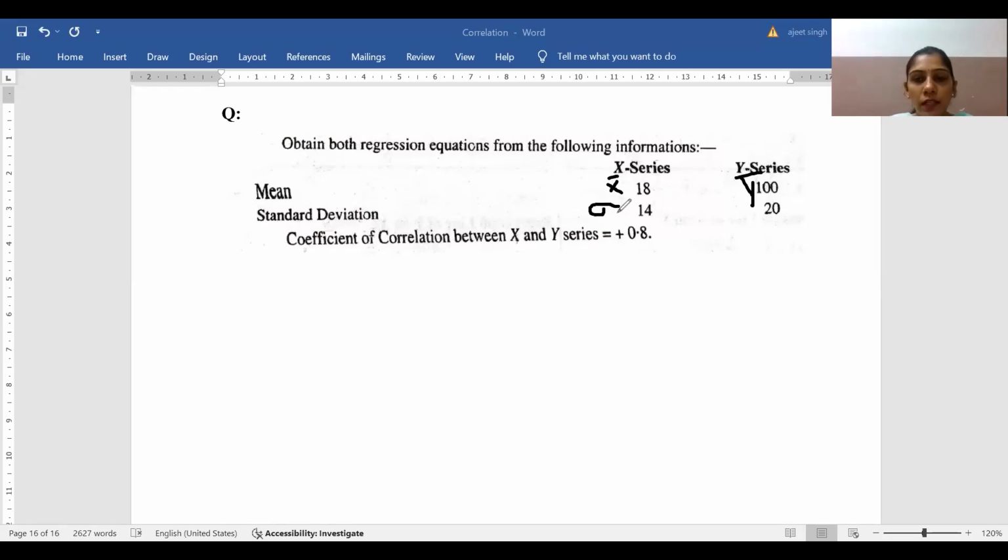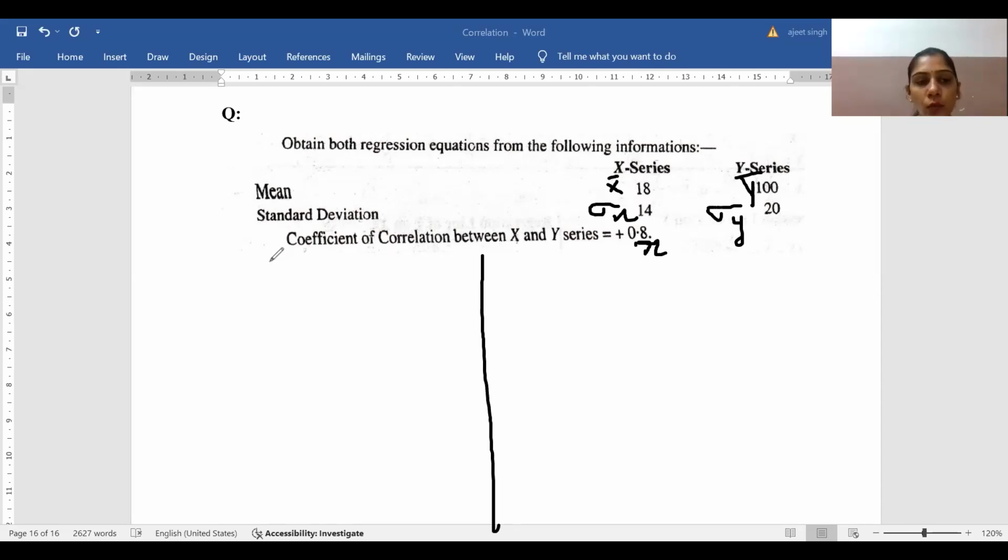This is the standard deviation of x, and this is the standard deviation of y. And this is the value of r, the coefficient of correlation. Now similarly we have to find the two regression equations.